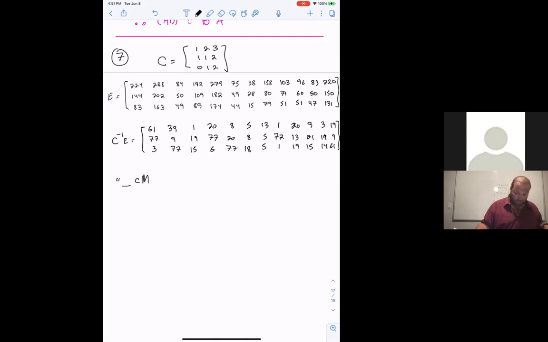Well, let's keep going, but this doesn't seem right. 9 is I. 77 is space. 1 is A. 9. This can't be right. This makes no sense. Something went wrong. Let's check my math.